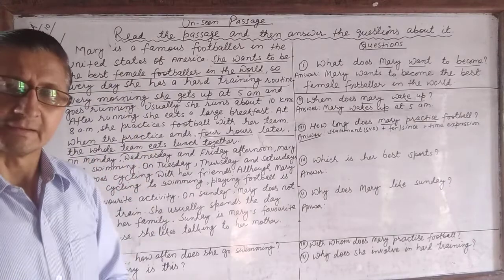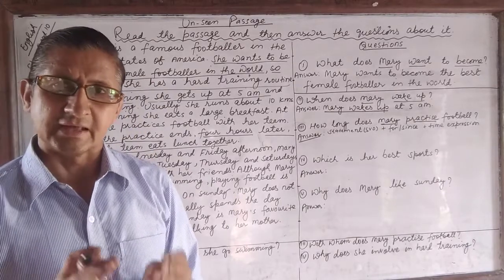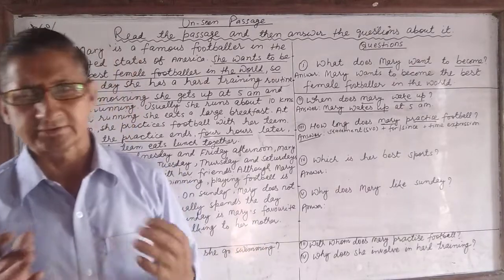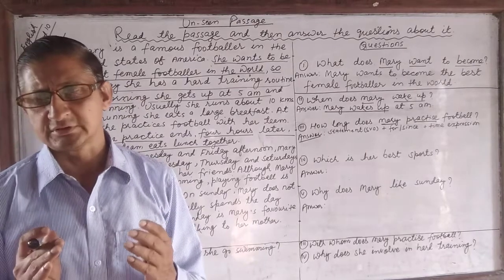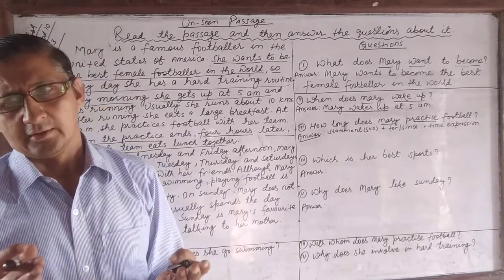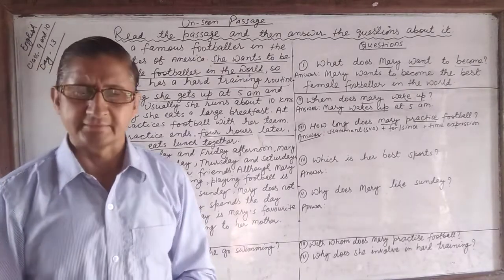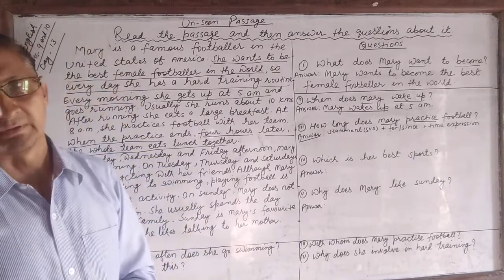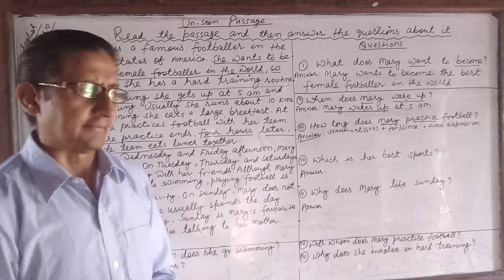We have already discussed the answers are given in chronological order. This means the answer of the first question will appear at the beginning of the passage, while the answer of subsequent questions will appear in the later portion of the passage.